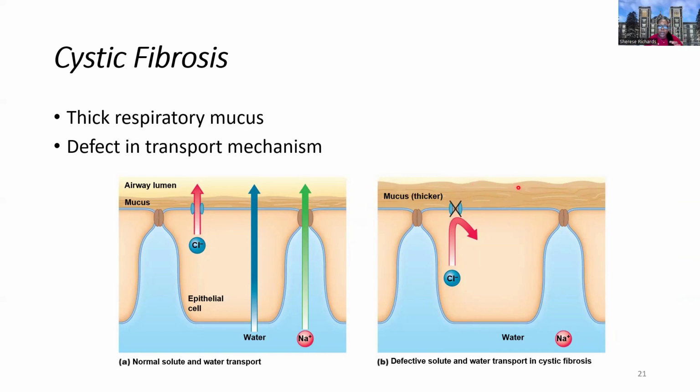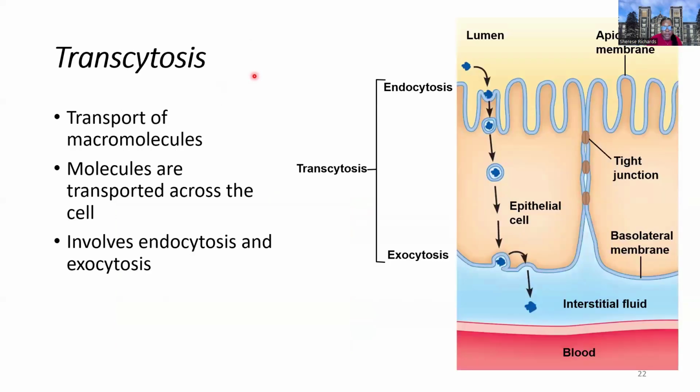As a result, the mucus ends up being much thicker because it doesn't have enough water. This leads to various types of infections, especially lung infections. It also leads to infertility because the mucus in the reproductive tract is much thicker than it should be, much more viscous. And so this is a practical example of what can go wrong if water cannot move appropriately across our cell membranes. Okay. All right.